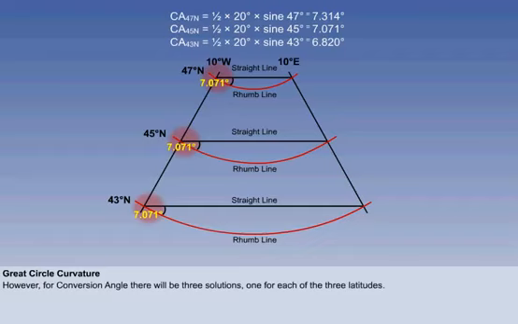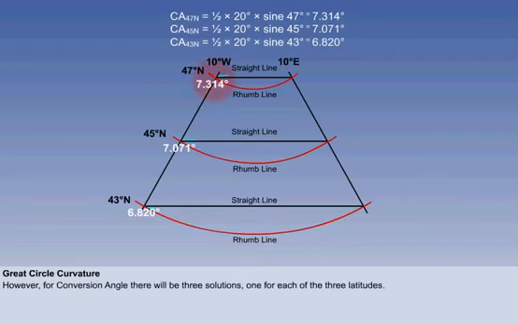Again, let's calculate it. For conversion angle, of course, there will be three solutions, one for each of the three latitudes. Now let's plot each of these angles upwards from the rhumb line at each latitude. This will give us the initial great circle tracks.